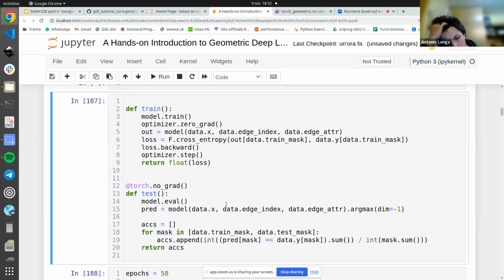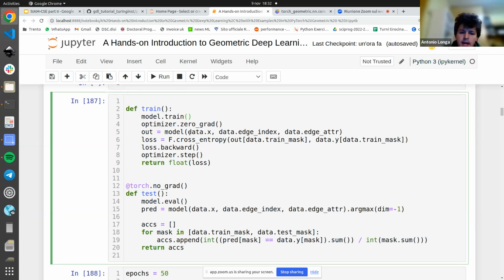Here I'm defining 2 simple functions for training and for testing our graph neural networks. So how does it work? Let's start with the training. First of all, we have to move our model in training mode, and this is done by simply doing model.train.